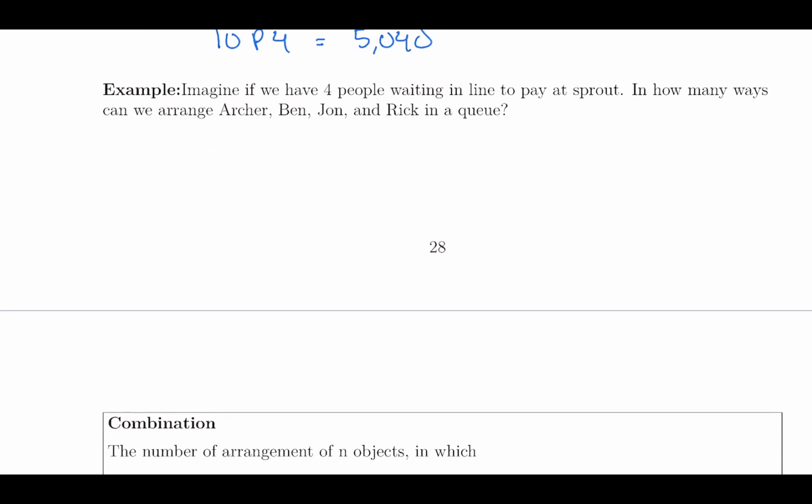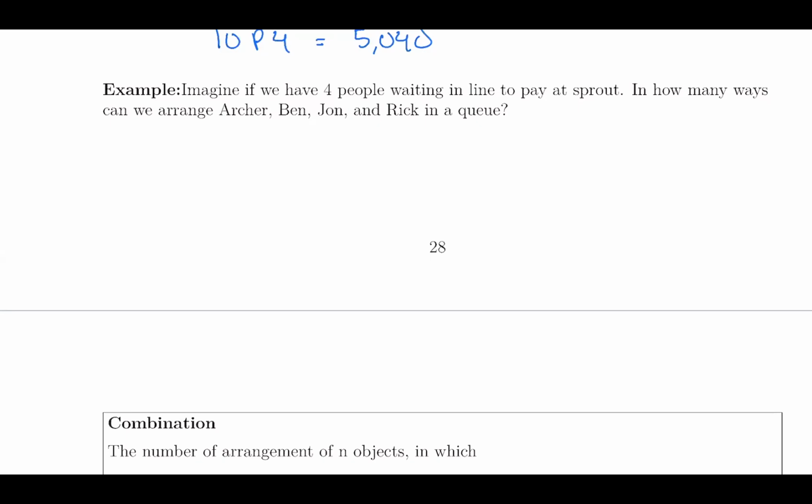Does the way I arrange them make a difference, or are all of them the same? Yeah, because essentially you have somebody who's first in line, second, third, or fourth.